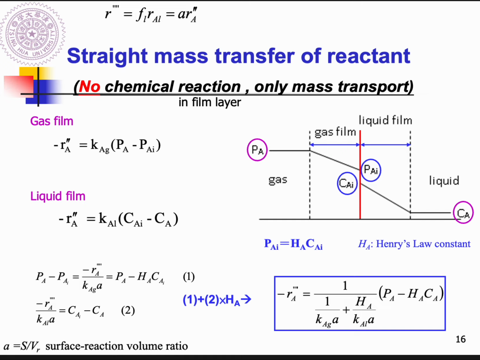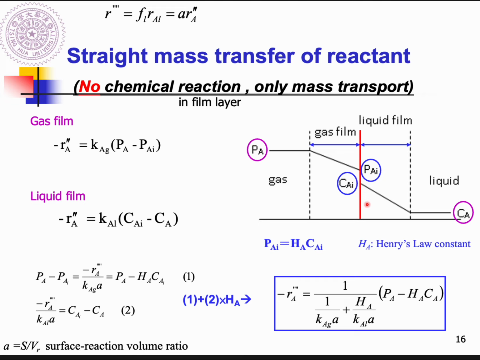So let's move back here. The first part is that we only consider there is no chemical reaction in the liquid film. As we mentioned, this is B, right? Molecule B. So when A enters the liquid phase, there's no chemical reaction, only mass transport.